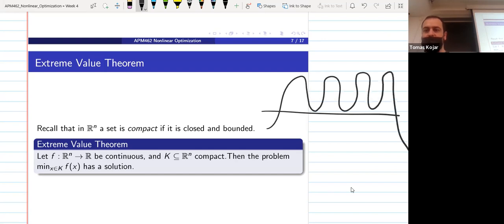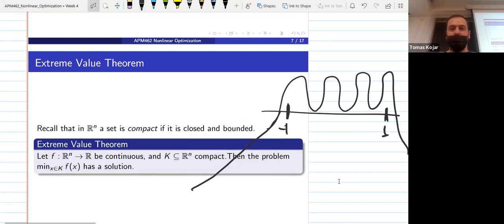Like a sin X kind of guy, and then you cut it, -1, 1. So you can have many minimizers, but you need it to be compact because it could go down to -infinity. So you're not allowed to have infinite domains.